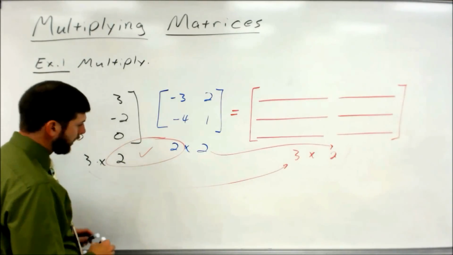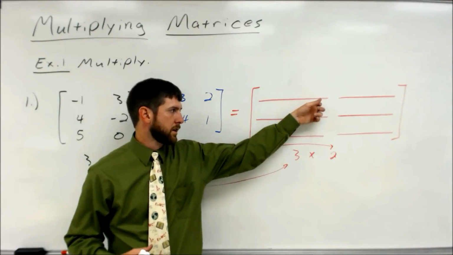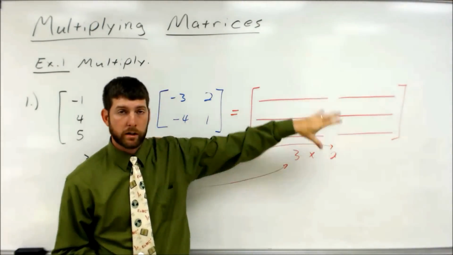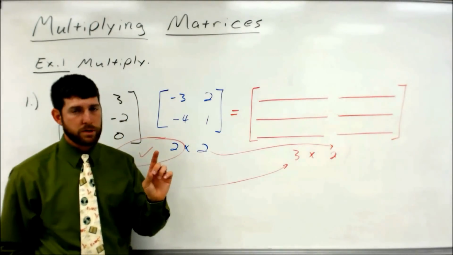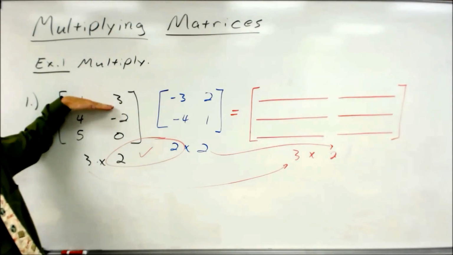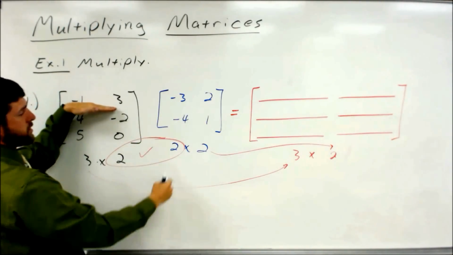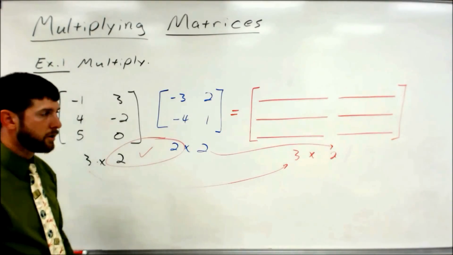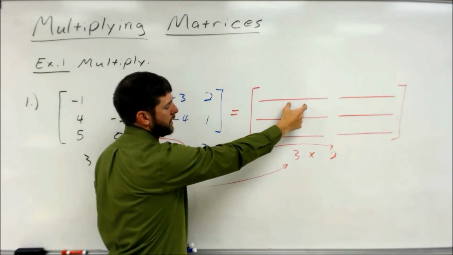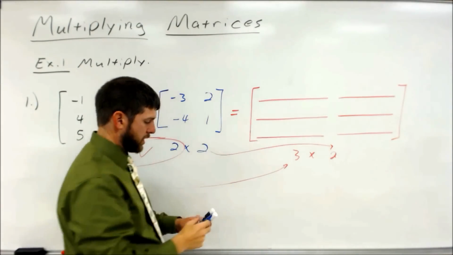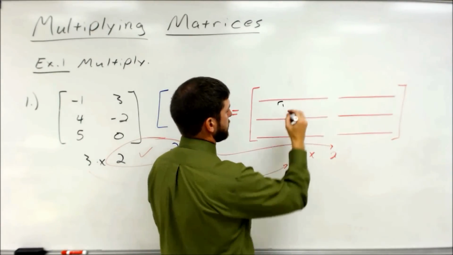What I like to do is label the address of each of the entries in the product matrix, because that helps me keep things organized. Remember, to multiply, I take rows from matrix 1 and put them with columns from matrix 2. So let's look at the address for each. First row, first column: row 1, column 1.